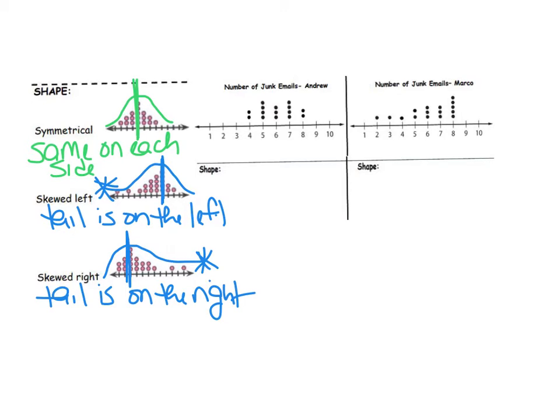So what we're going to do, we're going to go ahead and look at the dot plots. Now you have it on the top. I just put this down here so we could see it. So in this case, I'm looking at Andrew's data. And what do you notice about Andrew's data? Is it symmetrical? Is it left or is it right?